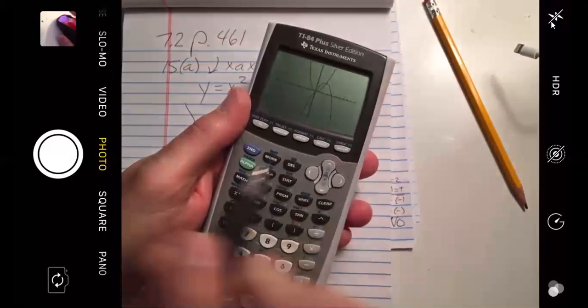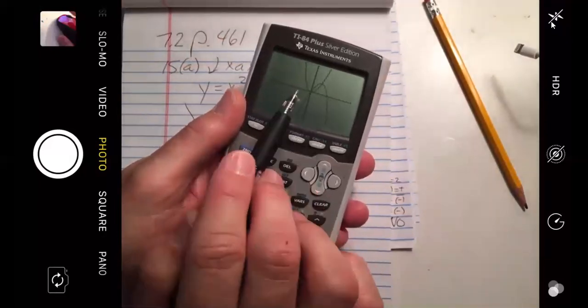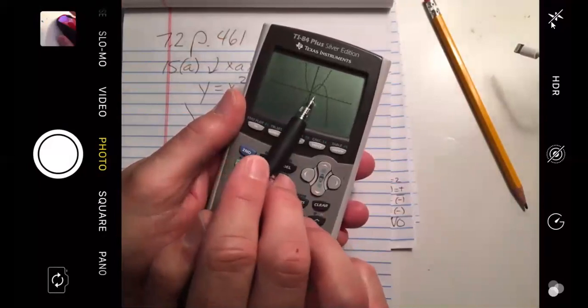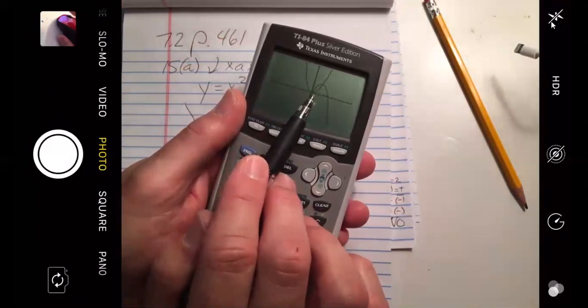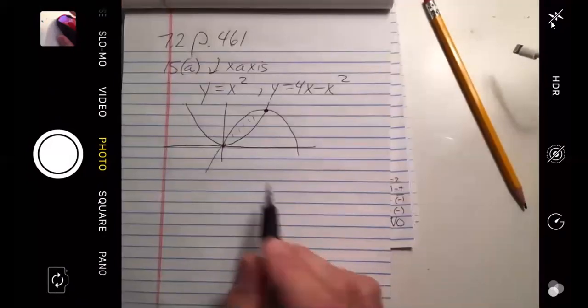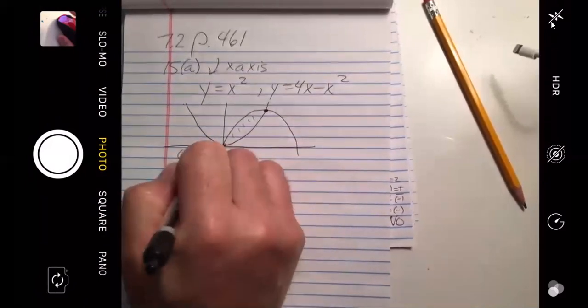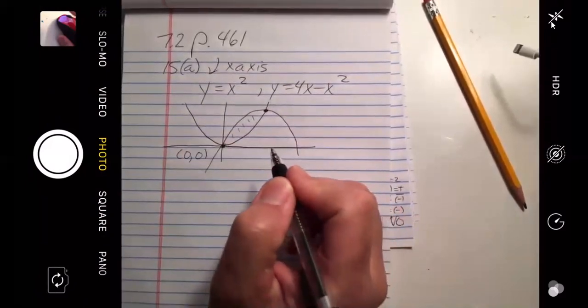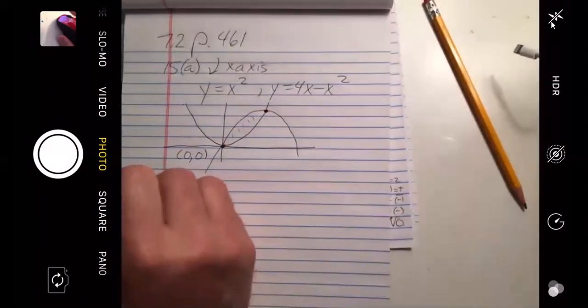That little connection, right there between them. The origin 0, 0 is clearly one intersection. We don't really have to find it, but we will need the x value there. So find the intersection point.